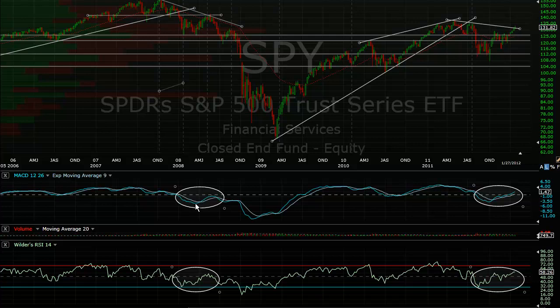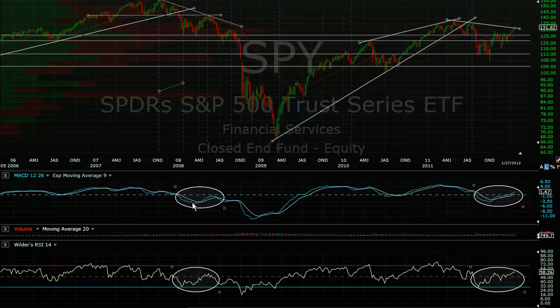Here is the MACD. One of the longer term indicators I use on a weekly time frame is a simple bullish or bearish posture of the MACD. That means above or below the zero line. This dotted line in the middle is what's known as the zero line. Typically when the MACD crosses above or below that line, those are bullish or bearish signals.